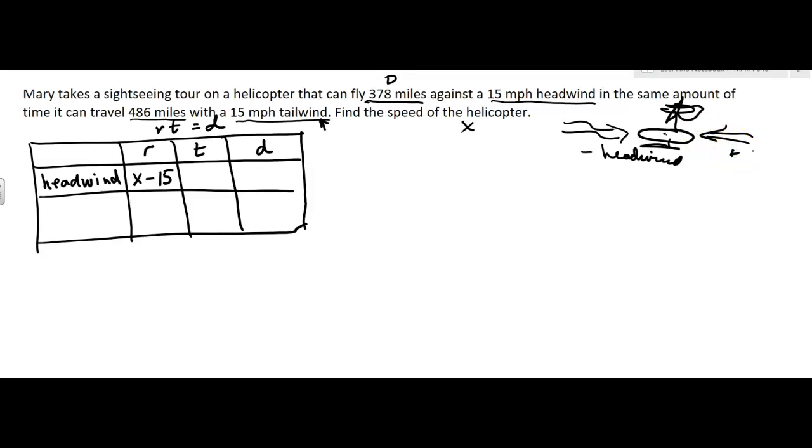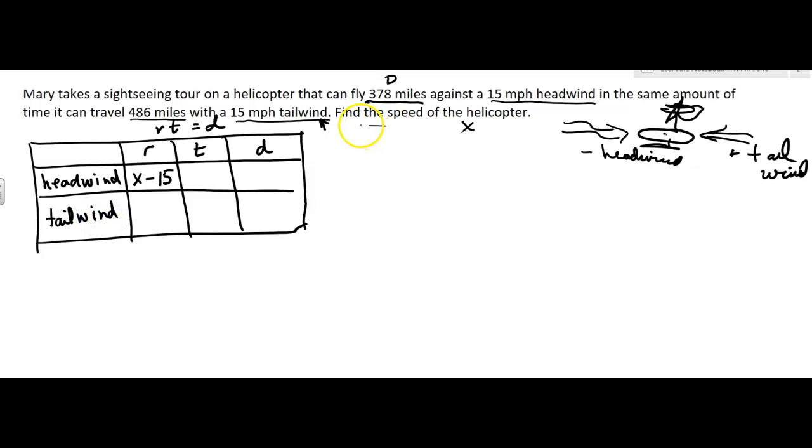So add the tailwind. It's similar to the current going upstream and downstream. You're going upstream, it's pushing against you, it's slowing you down. If you're going downstream, the current's helping you, so you add the current. But this is a headwind and a tailwind.